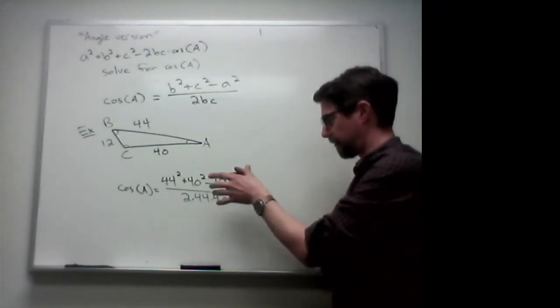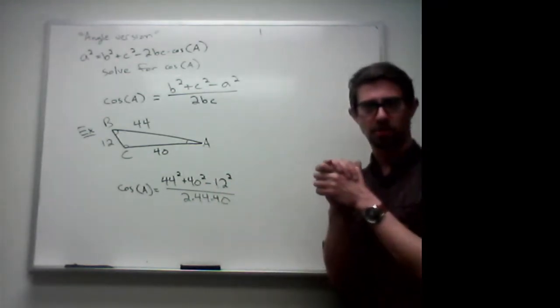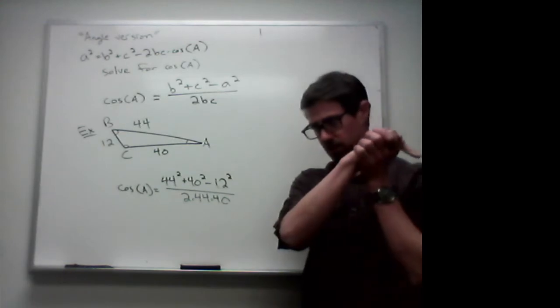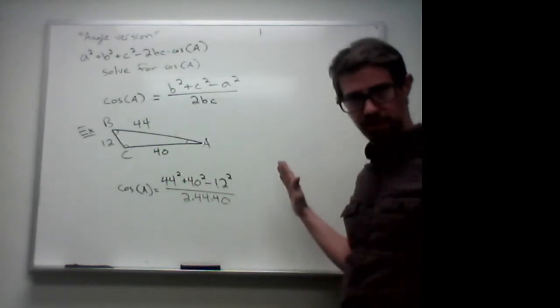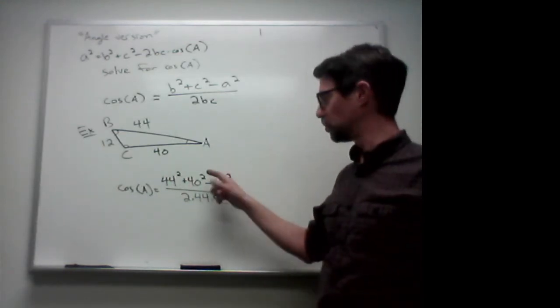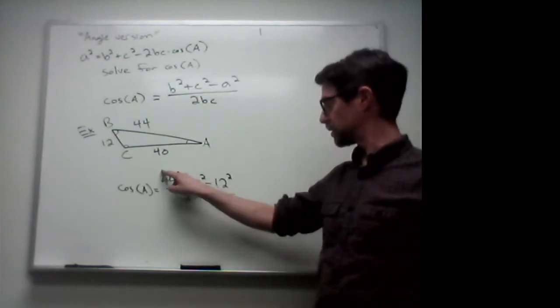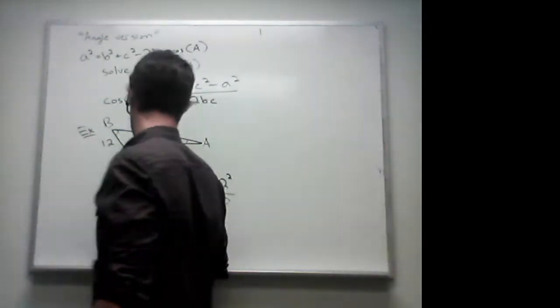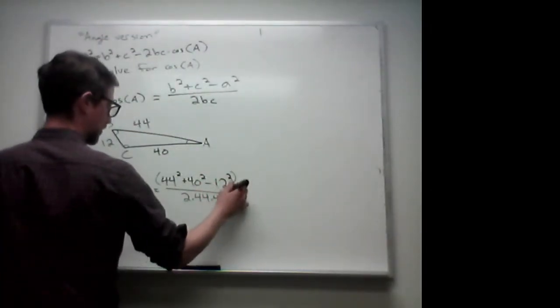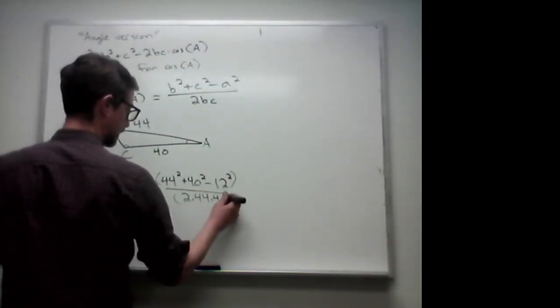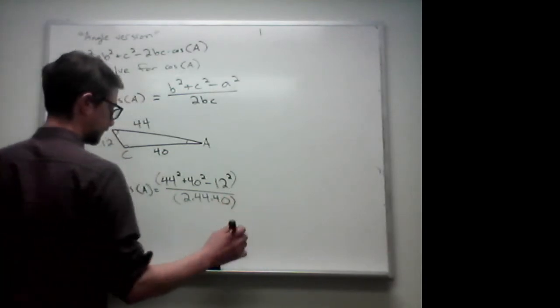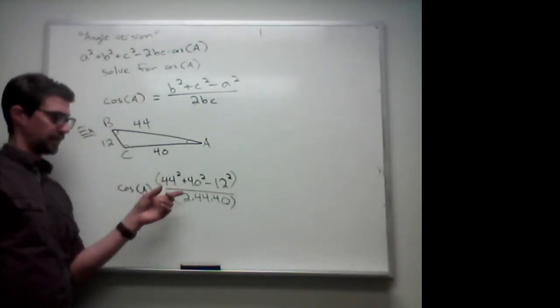So all your calculator knows is order of operations and to go from left to right and just do whatever you tell it. You have to know that if you want to type this in all at once, this better be in parentheses, so I'll put parentheses around the numerator and around the denominator. Right?